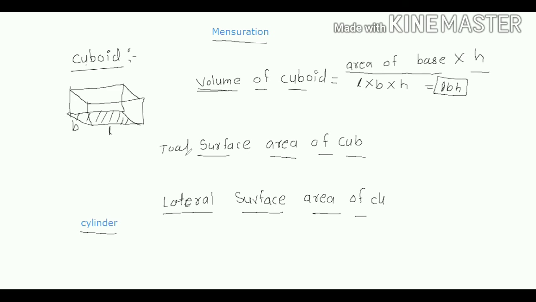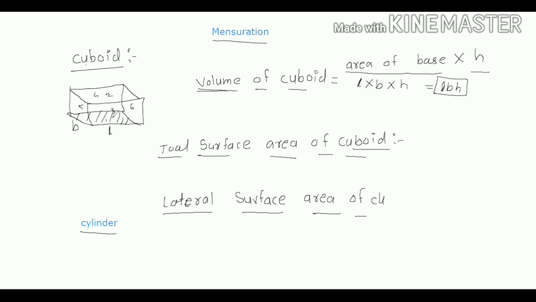So what about the total surface area of a cuboid? How many surfaces are there? This is the first, second, third, fourth, fifth, and sixth. So it also has 6 surfaces. In the cube all the surfaces were equal, but in the cuboid this doesn't happen.